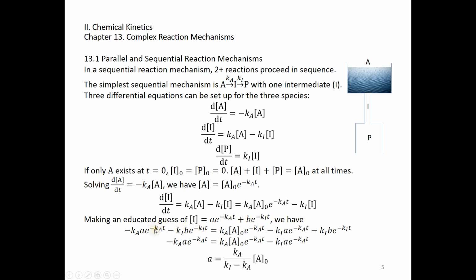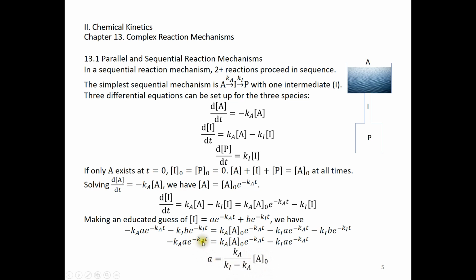We can try to simplify this equation because I can see there's a kI b times e to the power of negative kI t. We have kI b e to the power of negative kI t on both sides. So this cancels. Now we have only 1, 2, 3 terms, and it contains a, so somehow we can just express a in terms of A naught times kA over kI minus kA.